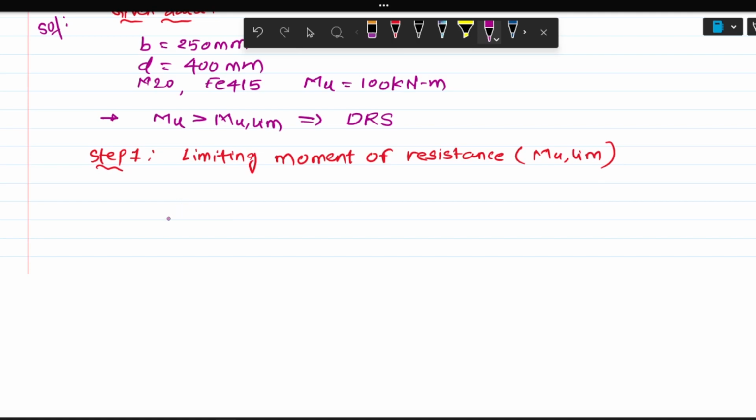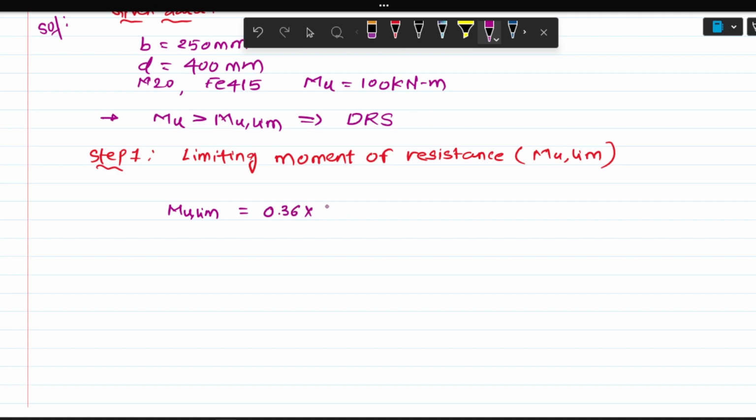The actual formula for the limiting moment of resistance, as given in the IS code, is Mu limit equal to 0.36 into XU max by D into 1 minus 0.42 into XU max by D, into B D square fck.